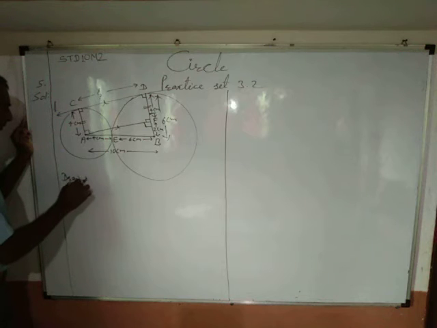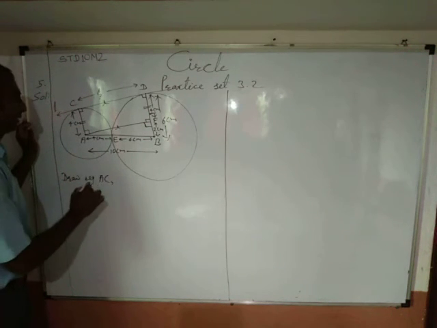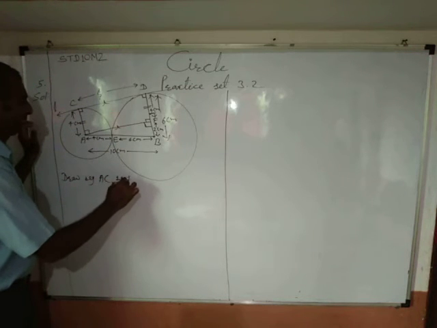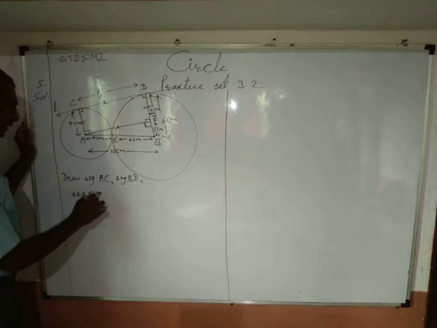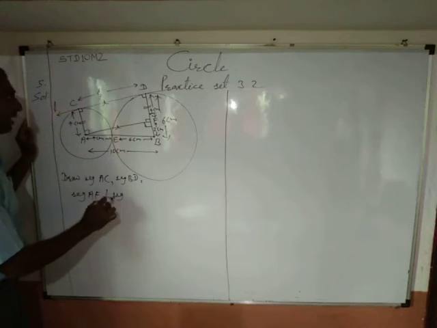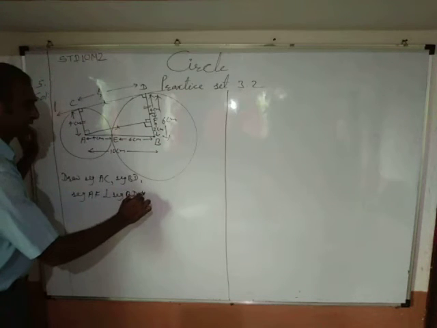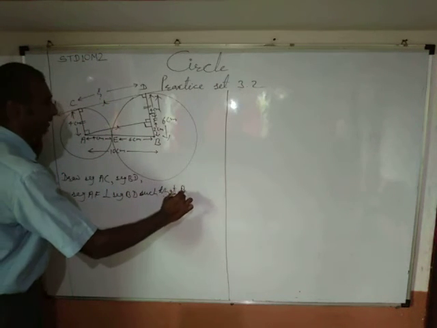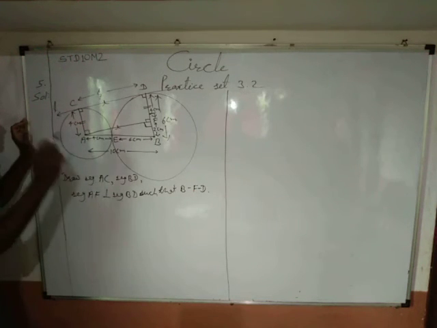Draw seg AC, seg BD, and seg AF perpendicular to seg BD, such that B-F-D.